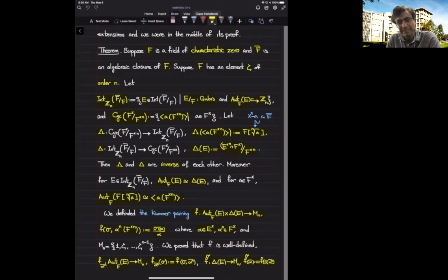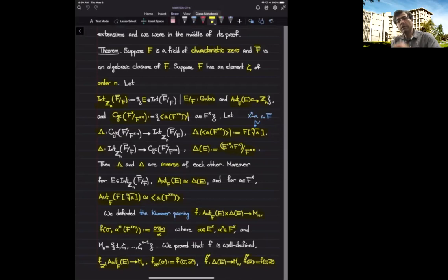So you can see that there is a bijection between group homomorphisms from F cross to a cyclic group of order n and cyclic subgroups of F cross over F cross to the n. So this part we can interpret as an internal set of objects.